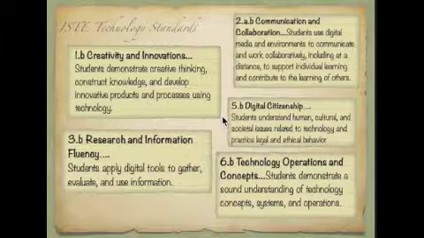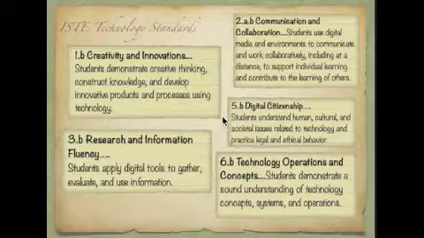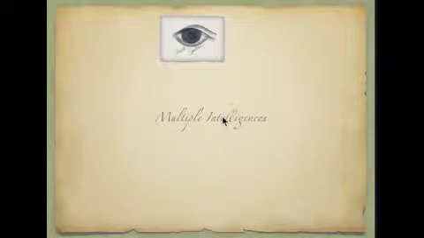Research and information fluency. Students apply digital tools to gather, evaluate, and use information. Digital citizenship. Students understand human, cultural, and societal issues related to technology and practice legal and ethical behavior. Lastly, technology operations and concepts. Students demonstrate a sound understanding of technology concepts, systems, and operations.